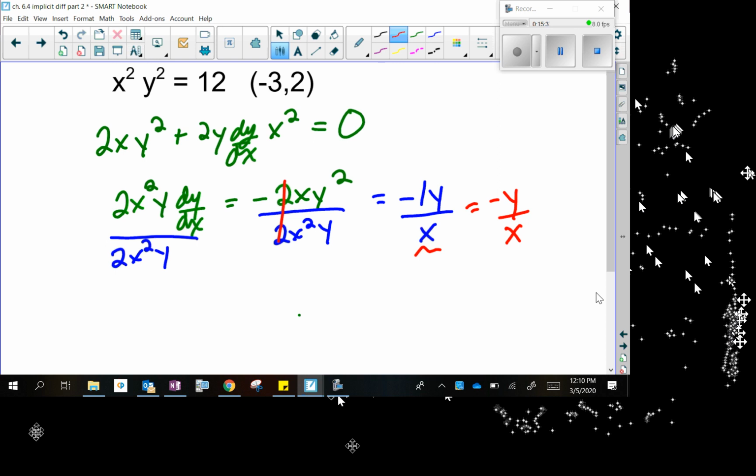So who wants to tell me the equation? Okay, Maddie. Oh, actually, what is our slope then first? Negative 2 over negative 3, so it is positive 2/3. Okay, now, Maddie, you want to tell me the equation?